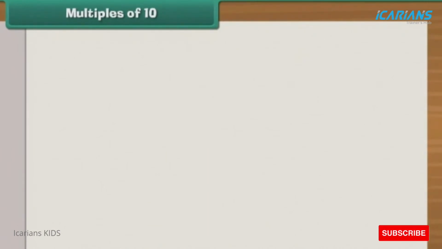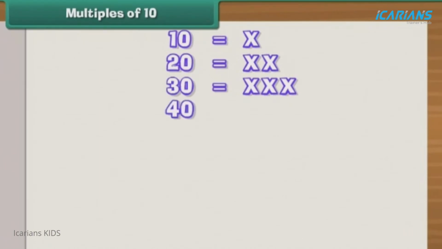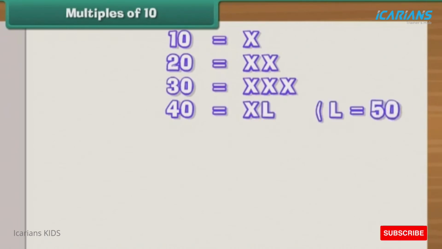Multiples of 10. We have seen that 10 is written as X and 20 as XX. By the same logic, 30 is XXX, that is 3 tens. 40 is read as 10 less than 50. Hence, it is written as XL, where L stands for 50.